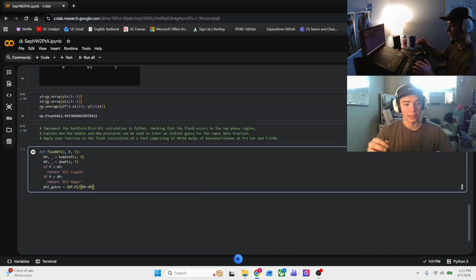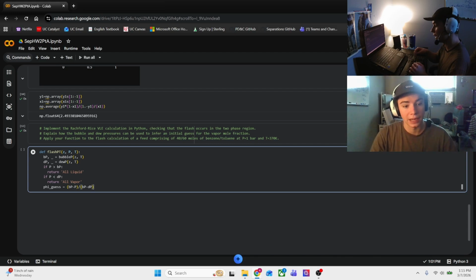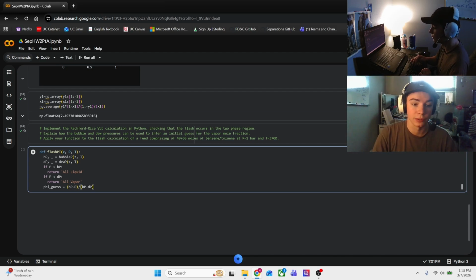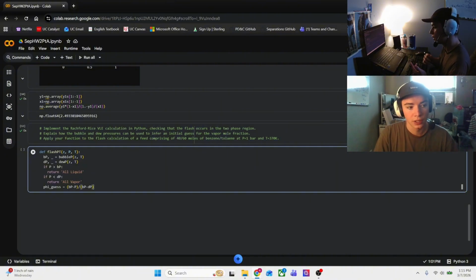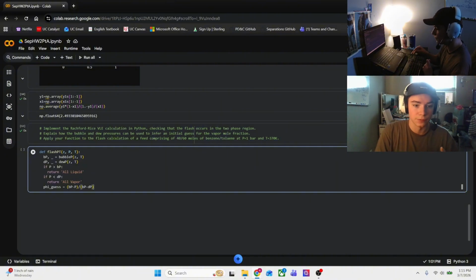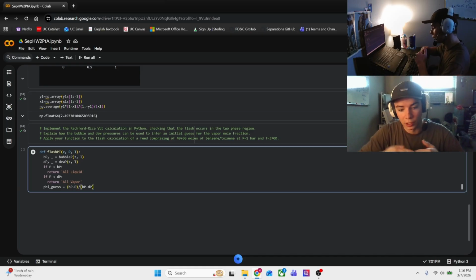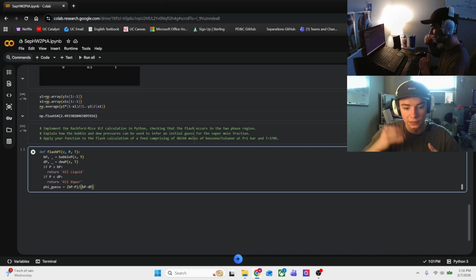And that's because, like we were saying before, our pressure cannot be higher than our bubble pressure. We have all liquid, so we're essentially seeing how far we are in that equilibrium. It's giving us a guess of how much vapor we have, our vapor mole fraction, because we've got how far along we are between the vapor and the liquid.